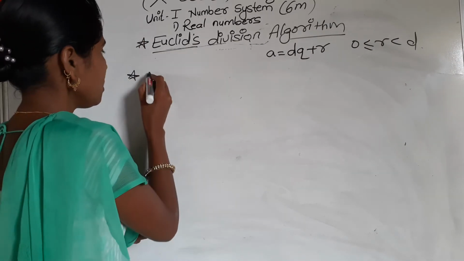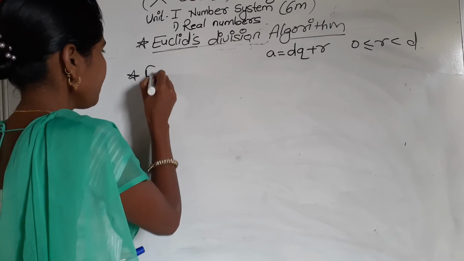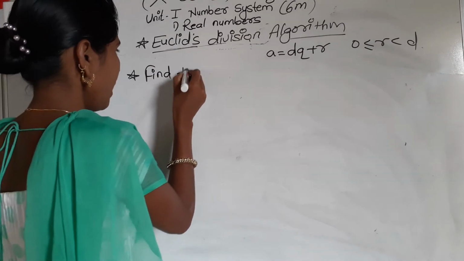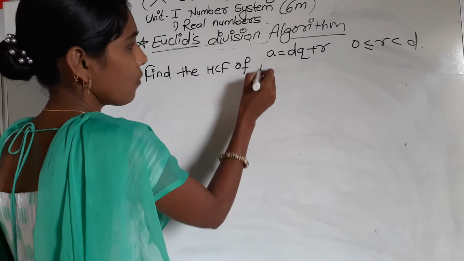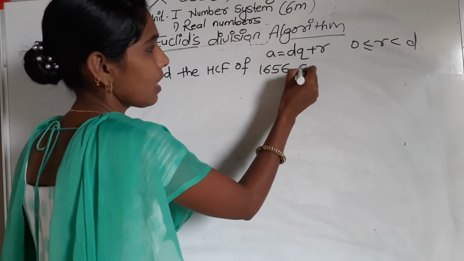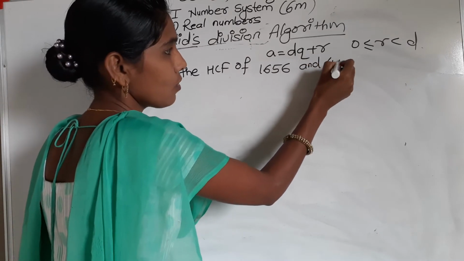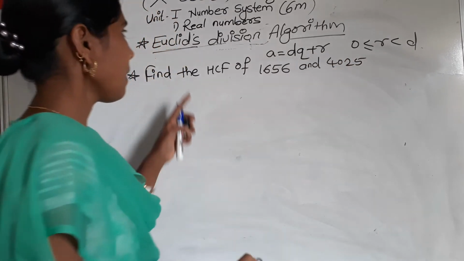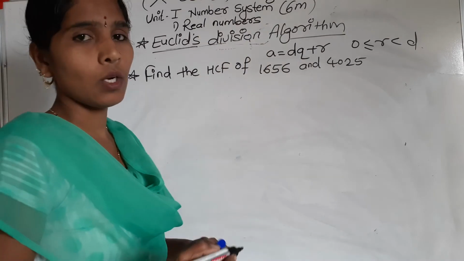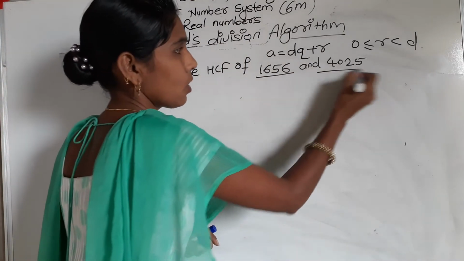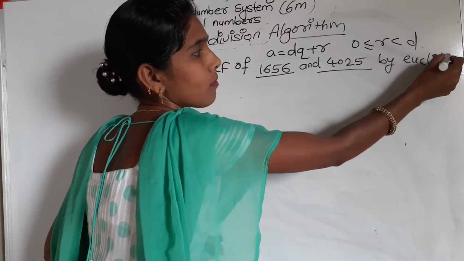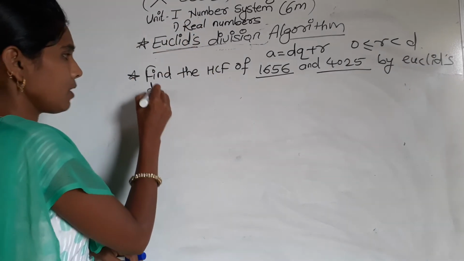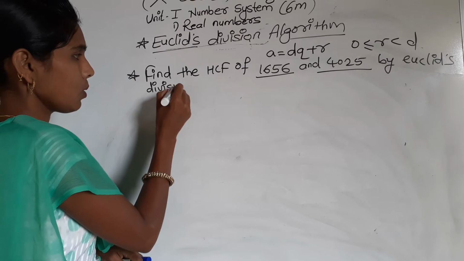By using Euclid's division algorithm, find the HCF of 1656 and 4025.